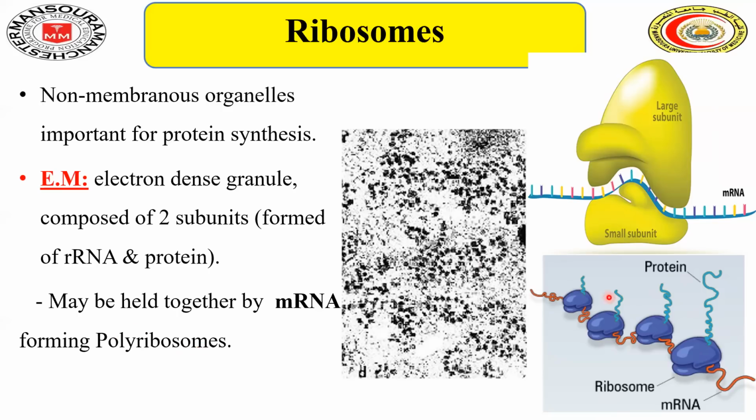Polyribosomes means multiple ribosomes attached to messenger RNA filaments. So these are connected together by a filament of messenger RNA that they are translating the code that it carries. Here, we call it multiple or polyribosomes because they are attached together to the same filament of messenger RNA trying to translate it. This is what we call polyribosomes.